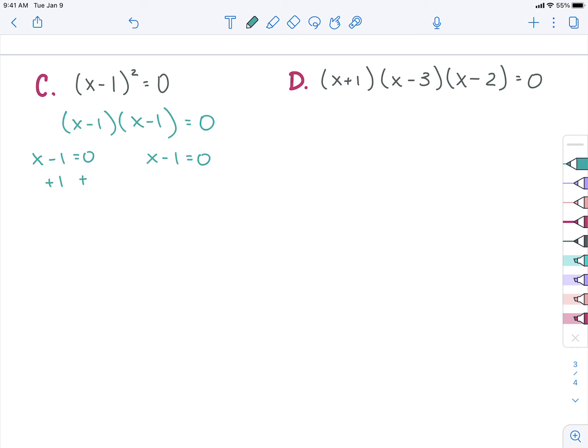That's going to happen anytime your factors are exactly the same, because I'm doing exactly the same thing to both of my equations. And I get x equals 1 and x equals 1. So it is okay for you to get the same answer as long as your factors were exactly the same.